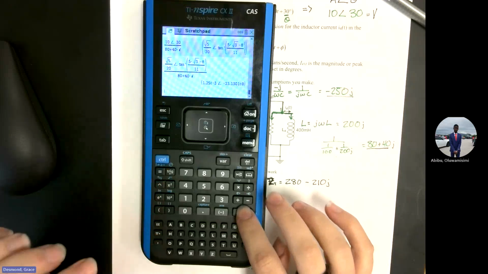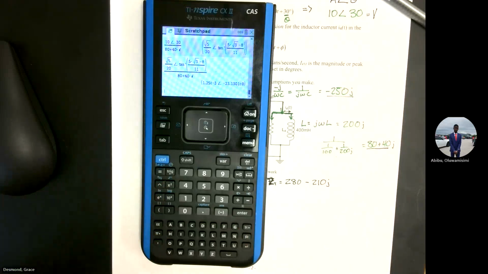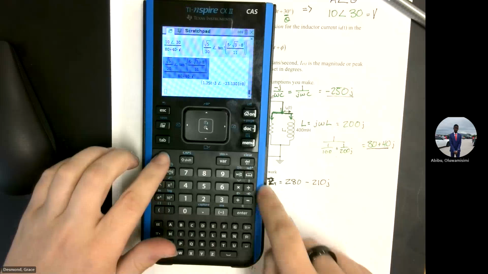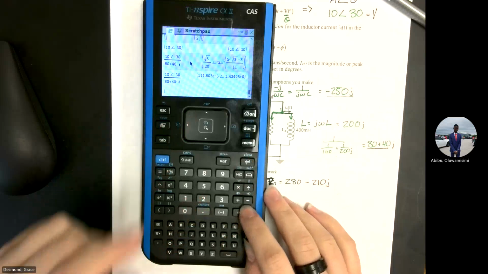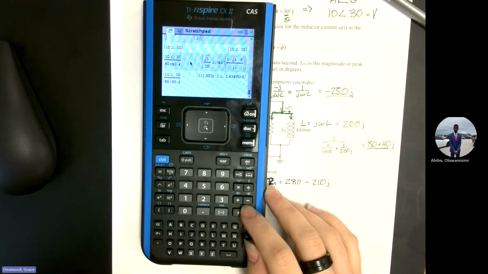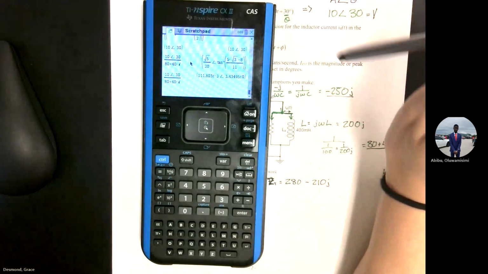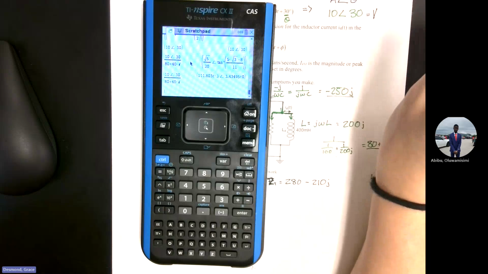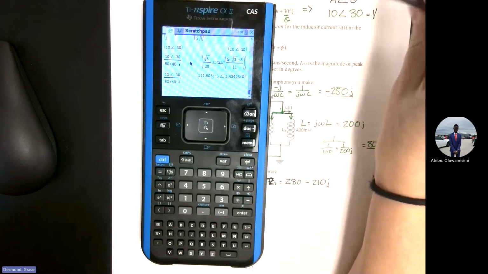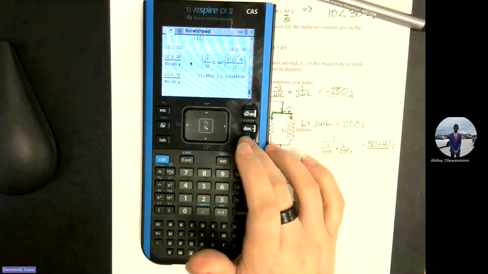And we get another gross number. So I got 111.803 millivolts, phase angle of 3.43.